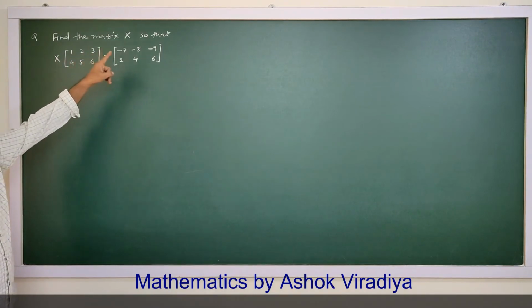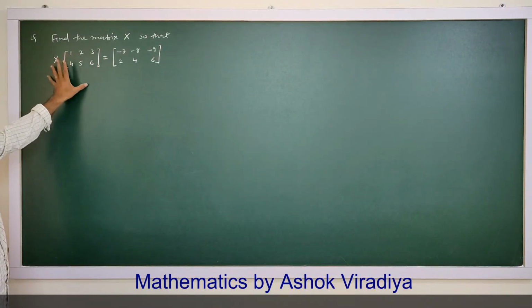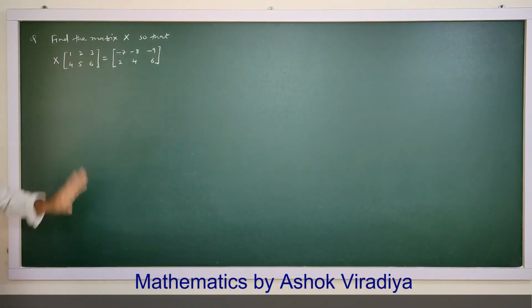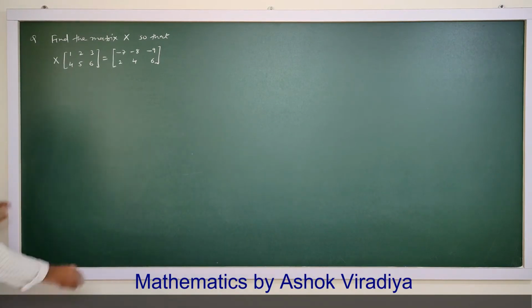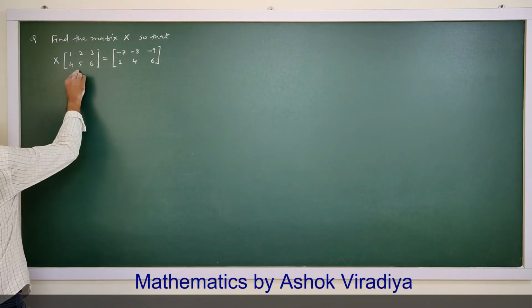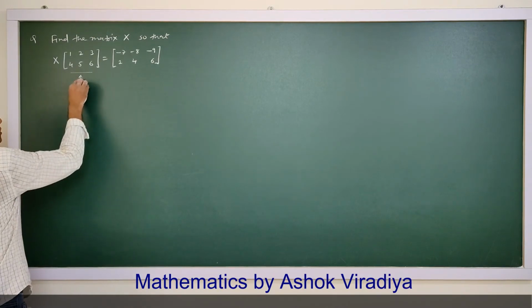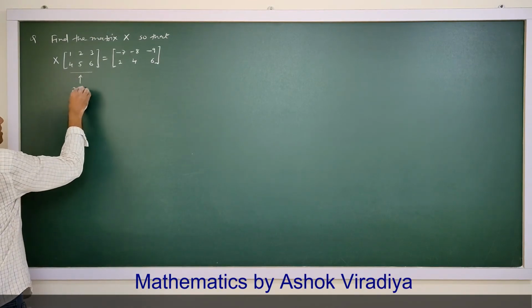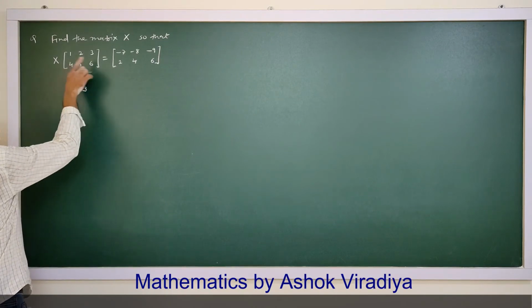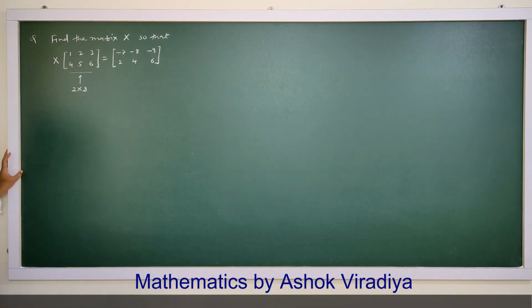Find the matrix x so that this equation is true. Say here, this matrix, its order is 2 by 3, 2 rows, 3 columns.